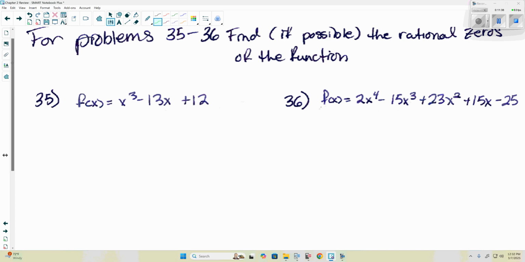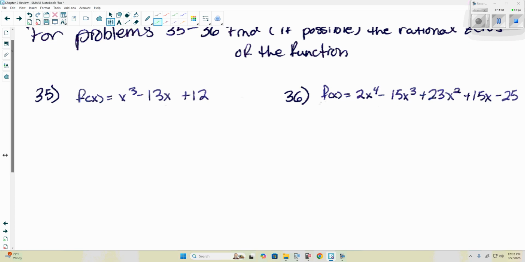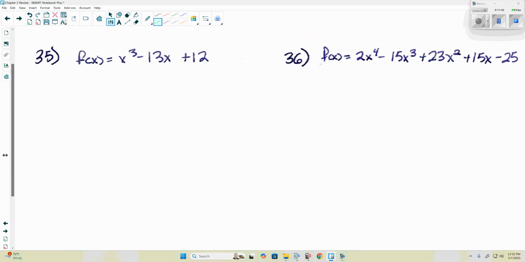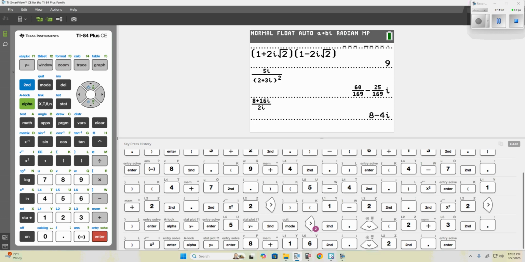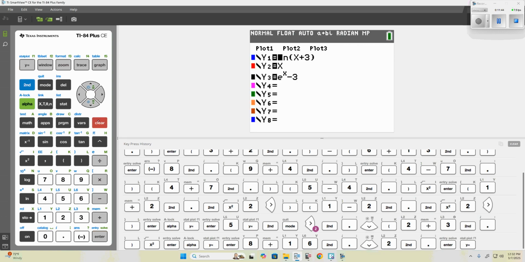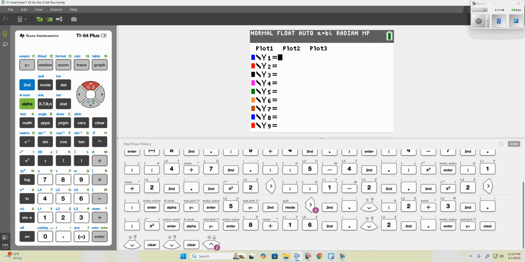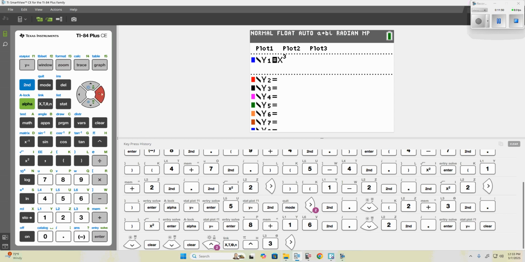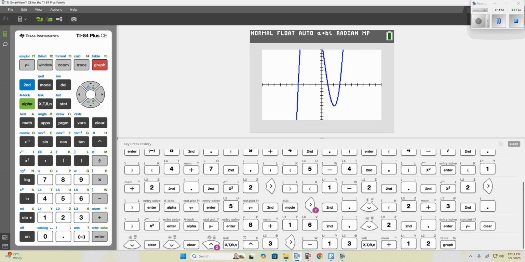So even with any of these here, we could always start with graphing x cubed minus 13x plus 12. We have 3 spots it crosses.